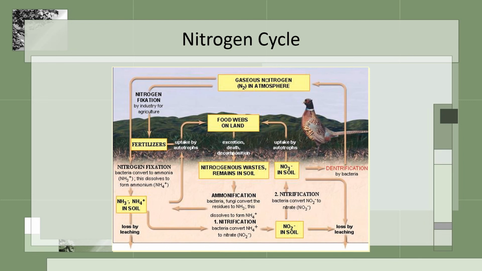Then once the bacteria have pulled the nitrogen out of the atmosphere, it's converted into other forms through nitrification and ammonification. And then to return it back into the atmosphere, we have denitrification, which puts it back into gaseous form in the atmosphere.